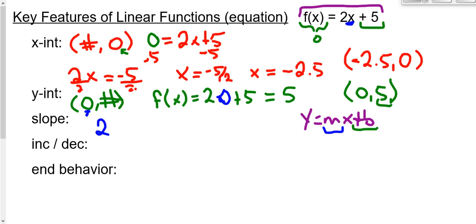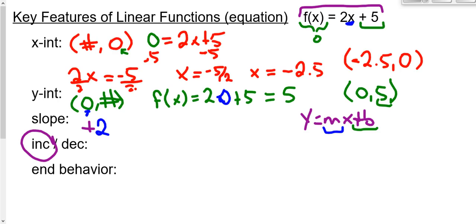And if slope dude would be having zero fun, that's when we can say that we are neither increasing nor decreasing. So in this case, our slope is the number 2, which is a positive number, which means our line is going to be going uphill the entire time. So if I can find the sign of my slope, I can figure out if it's increasing or decreasing. Now, I know that my function's increasing.